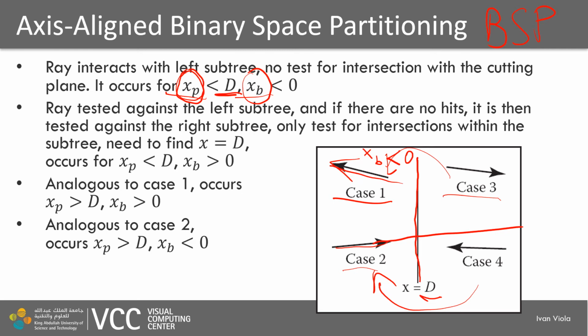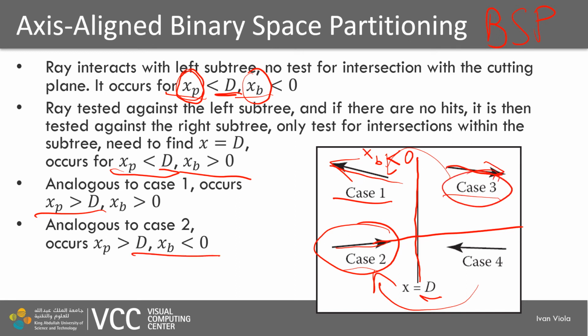If we have the case where XP is smaller than D, but XB is bigger than 0, then we have case 2. And then if XP is bigger than D, so here XP is somewhere, and XB is bigger than 0, then we have this third case, and if XB is smaller than 0, then we have the fourth case.